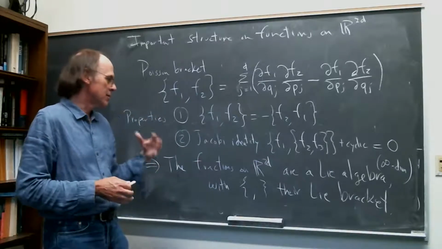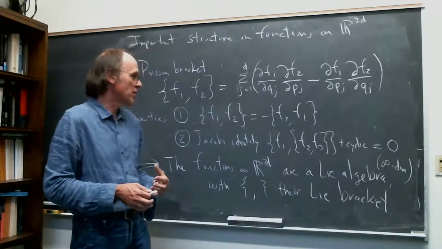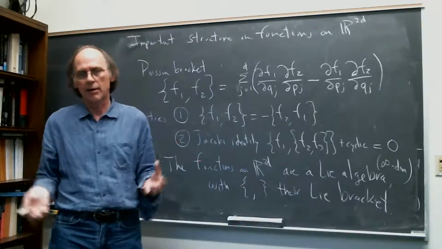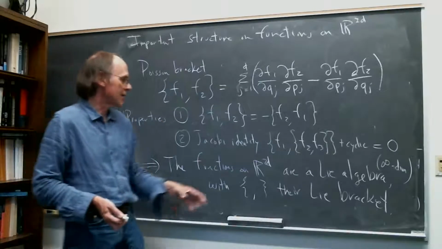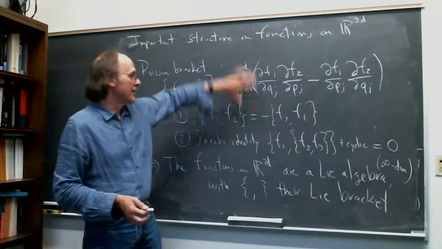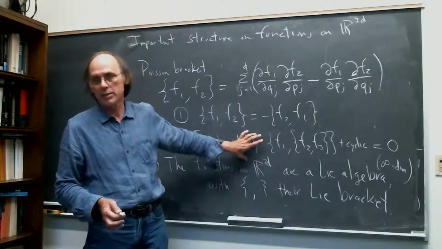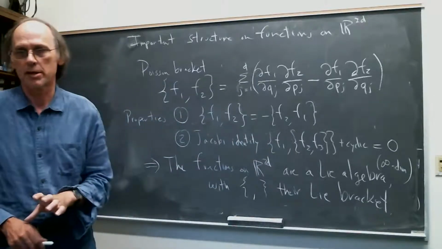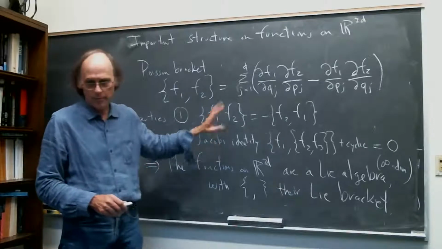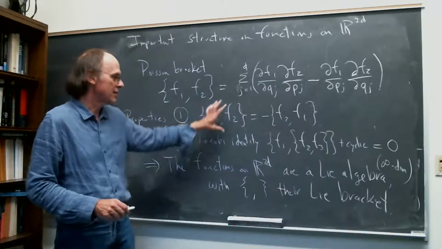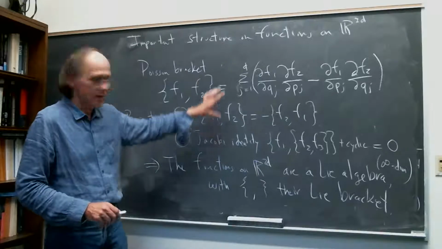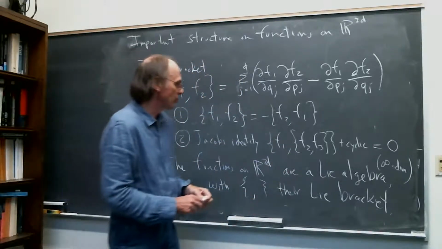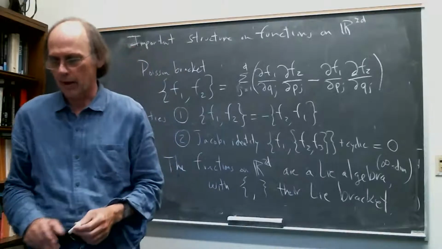So Dirac's idea about quantization is that classical mechanics is about this Lie algebra, and quantum mechanics is about a unitary representation of this Lie algebra. But we're going to see that there's a problem with all this.